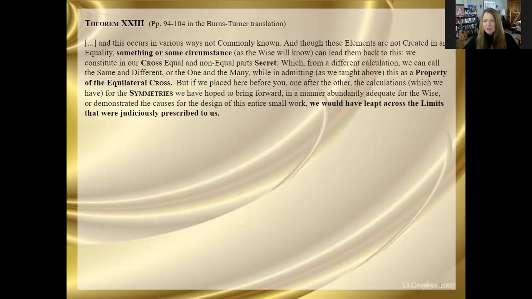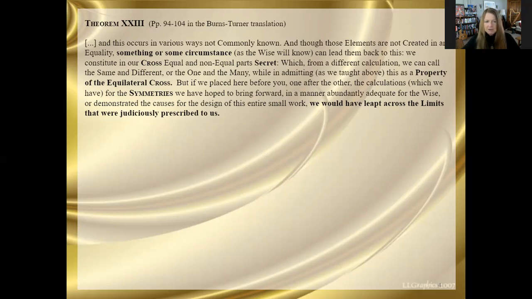Which from a different calculation, we can call the same and different, or the one and the many, while admitting, as we taught above in the earlier theorems, this as a property of the equilateral cross. And that's exactly what he's done. He's taught about the property of the equilateral cross, but he's going to give you a cross that is not equilateral in his drafting instructions.